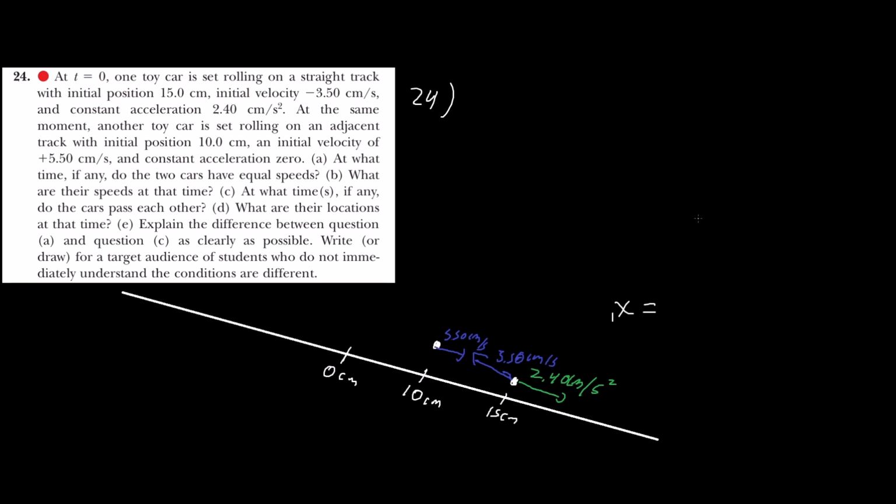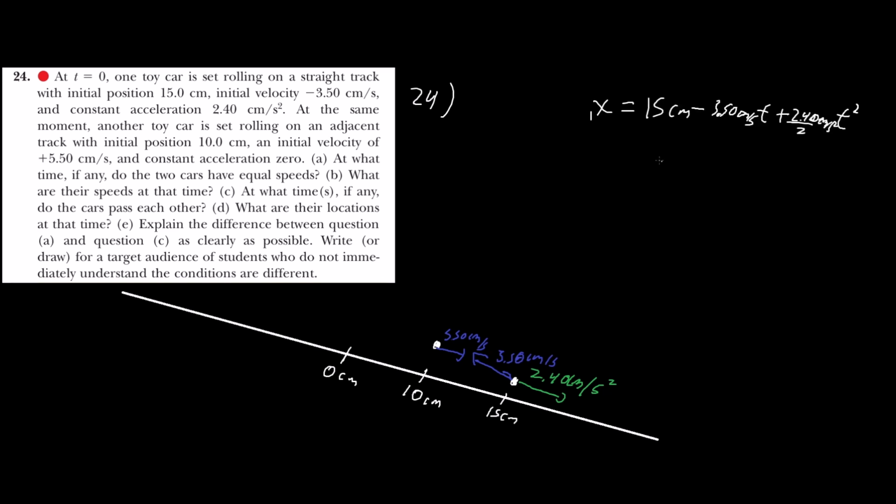So the final position is going to be some initial position, which I'm going to put 15 centimeters, plus the initial velocity, 3.50 centimeters per second, times time, plus 2.40 centimeters per second squared divided by 2 times t squared.